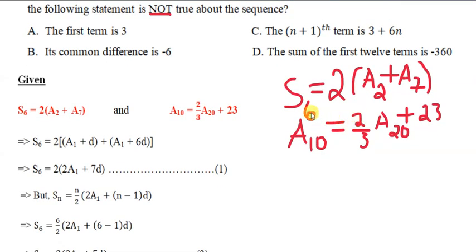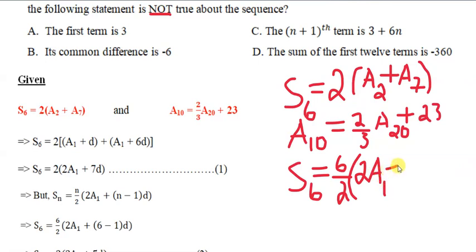Now here, by default, we know the sum of the first n terms of the sequence. S6 is always equal to n over 2, which is 6 over 2, times 2 times the first term A1 plus n minus 1 times d, which means 6 minus 1 times d.